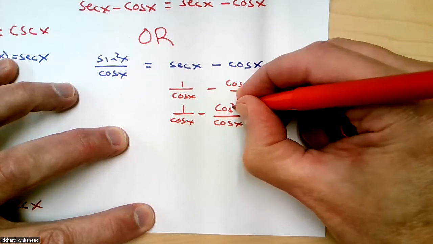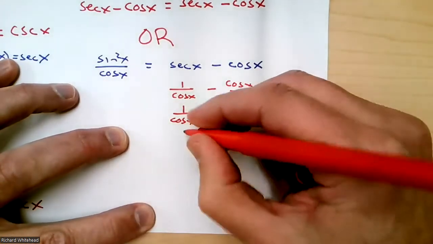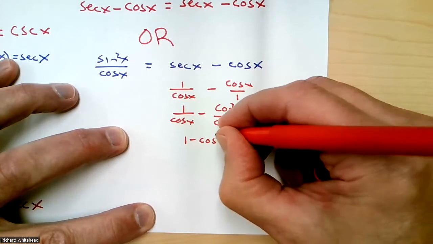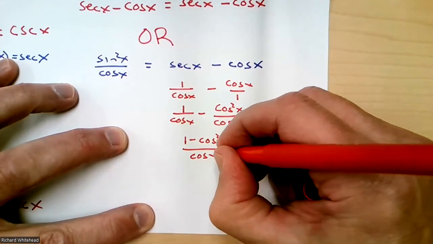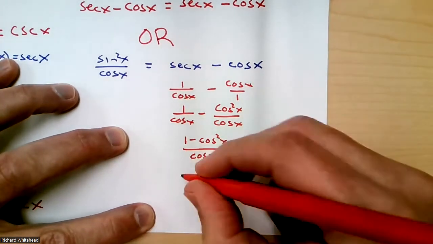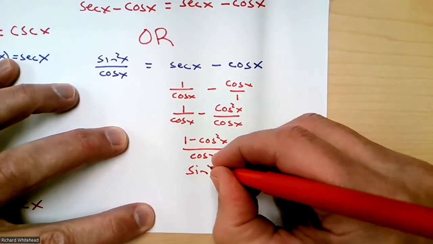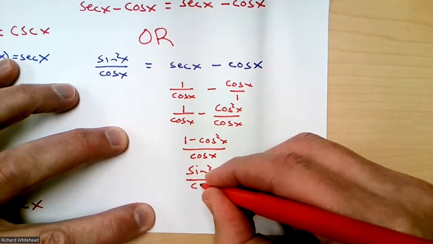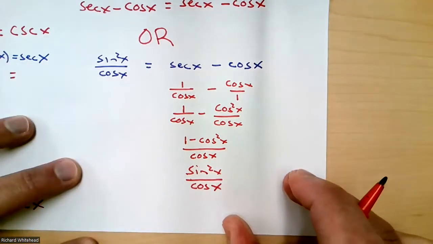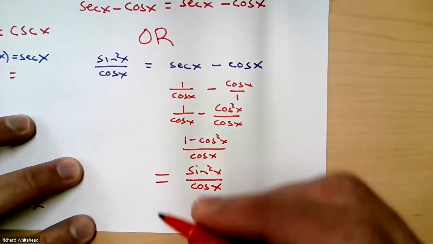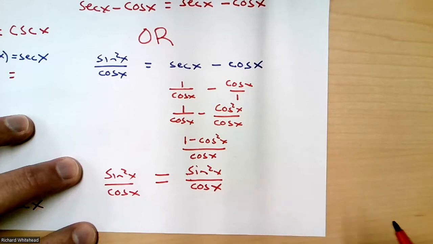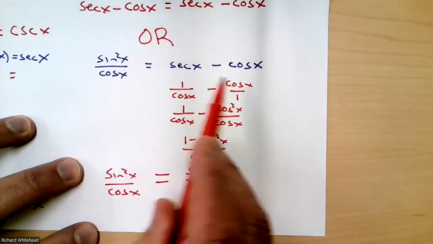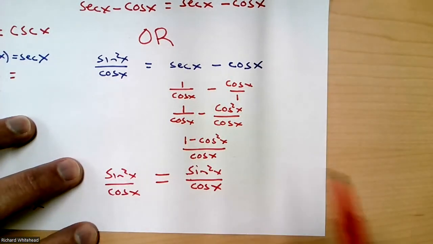That makes cosine square. So what do we have now? We got 1 minus cosine square. Since I've got a common denominator, I'm putting them together over cosine. And then how convenient, 1 minus cosine square we know is sine square. So two different ways to work this problem because it wasn't as clear cut which side we ought to work on.